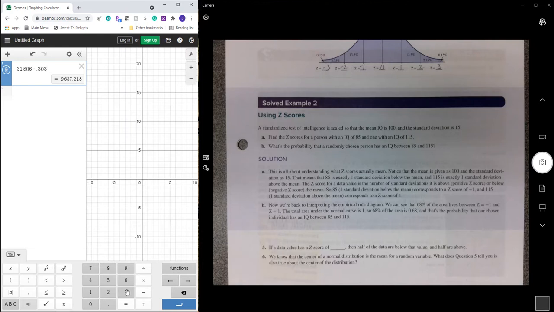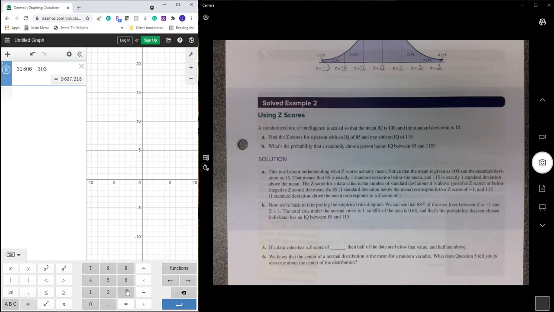Okay, now A, this is the answer to A. This is all about understanding what z-scores actually mean. Notice that the mean is given as 100 and the standard deviation is 15. That means that 85 is exactly one standard deviation below the mean, and 115 is exactly one standard deviation above the mean.